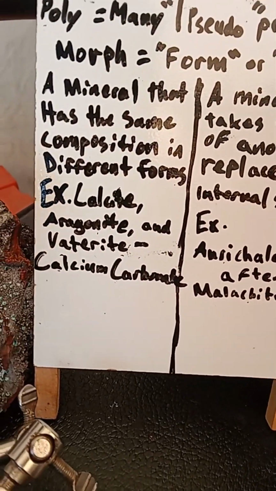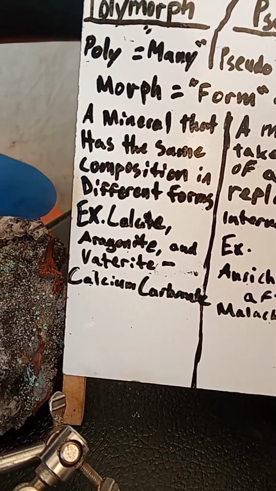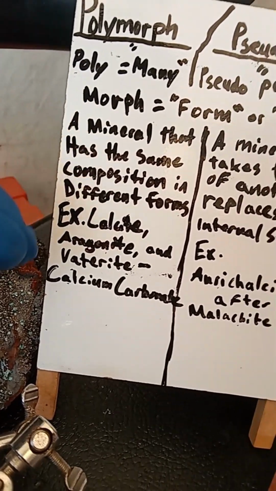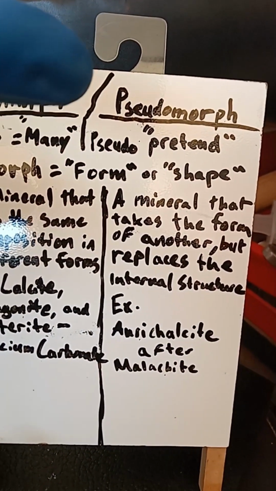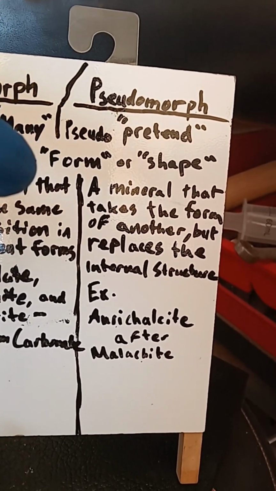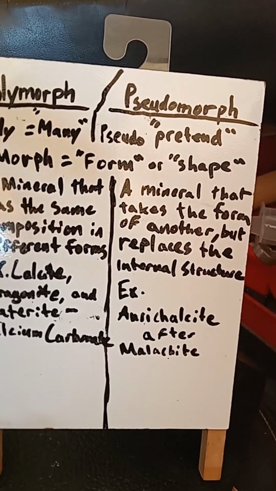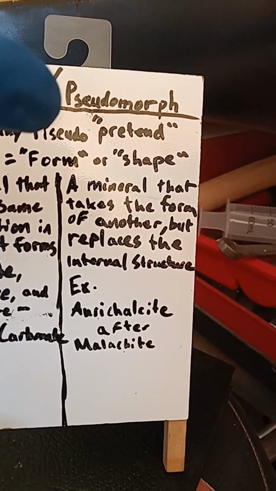These are all minerals that can exhibit different crystal habits and come in different forms but still have the same internal structure.